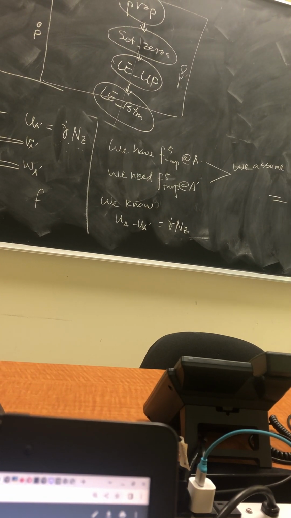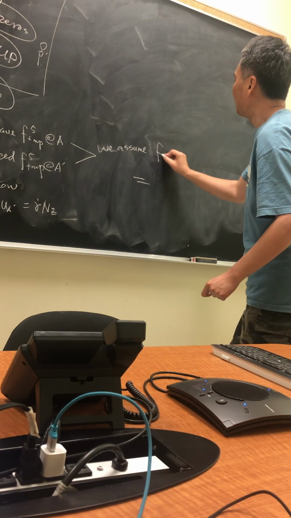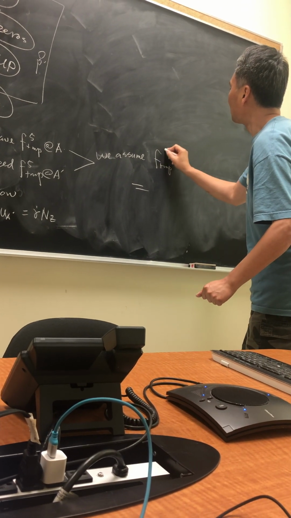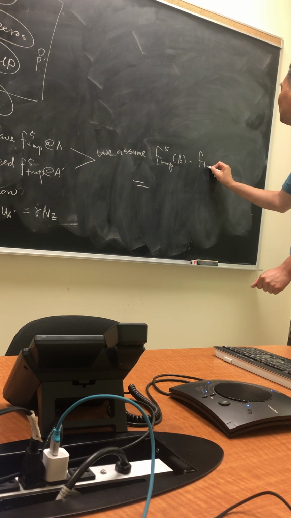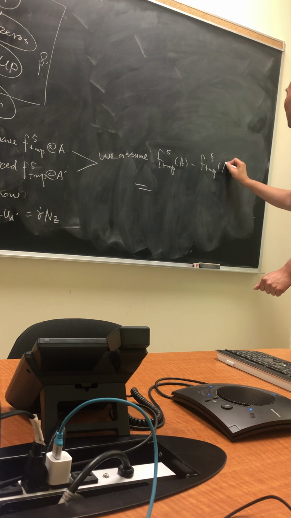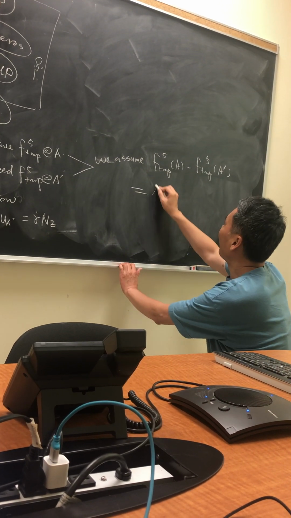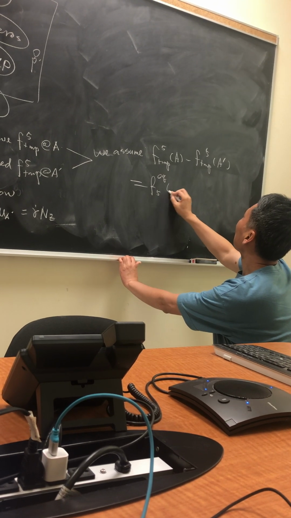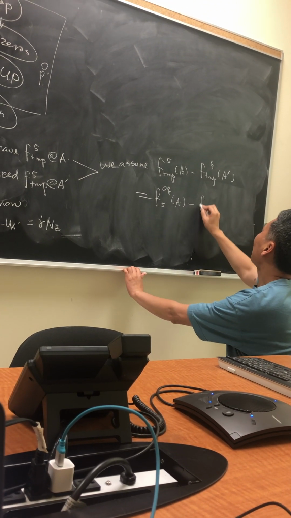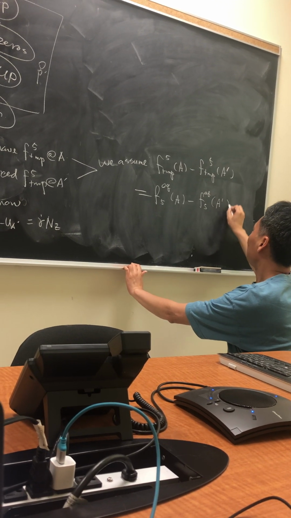Let me make it easier. We assume F temp 5 at A minus F temp 5 at A prime equals F equilibrium 5 at A minus F5 equilibrium at A prime.